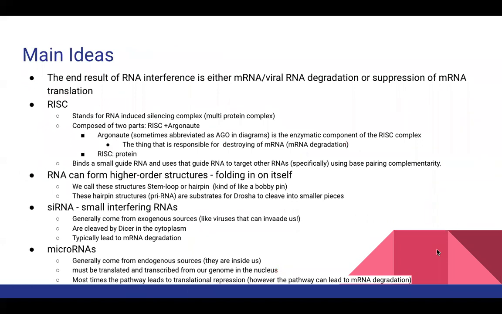So the main idea of RNA interference is that the cell wants to either degrade or suppress pieces of mRNA in different areas of the cell, and it wants to suppress their translation.